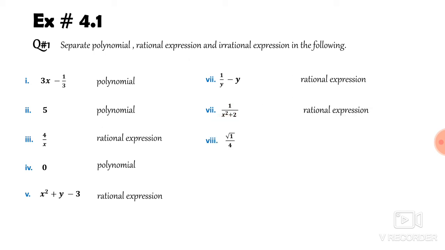Square root of 1 upon 4. The square root of 1 is just 1. So it is simply 1 upon 4, and we have no variable here. No variable means the exponent of the variable is 0, and then it is also considered a polynomial, a constant polynomial.